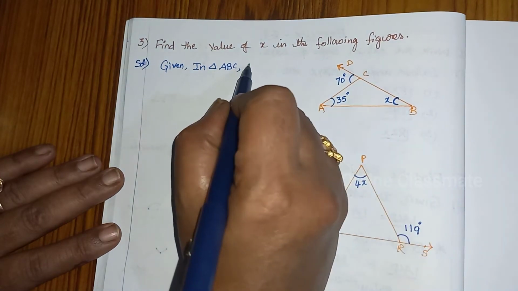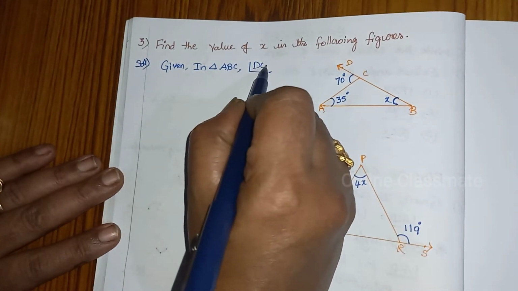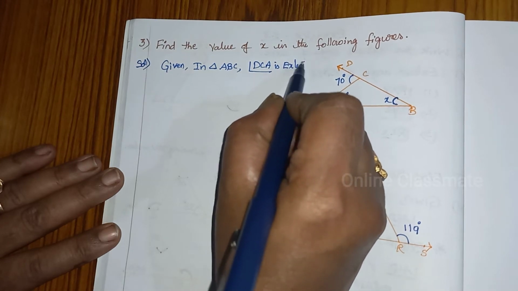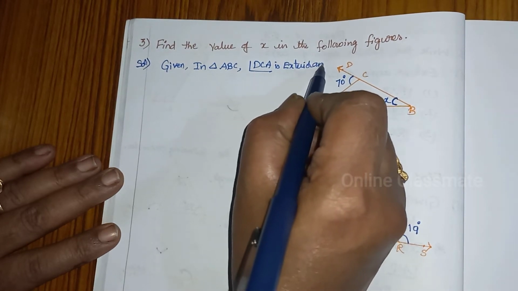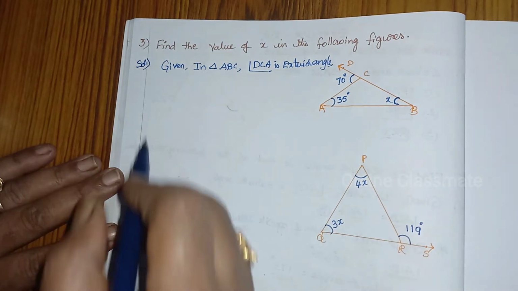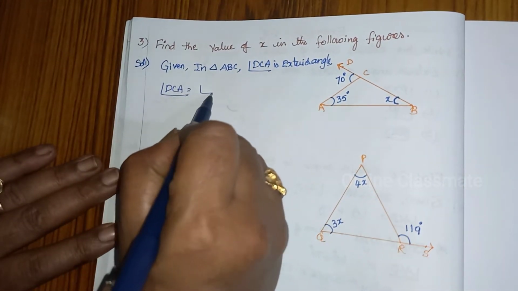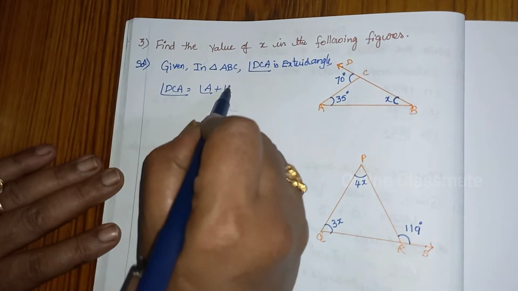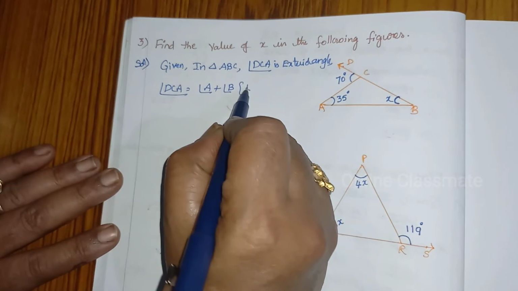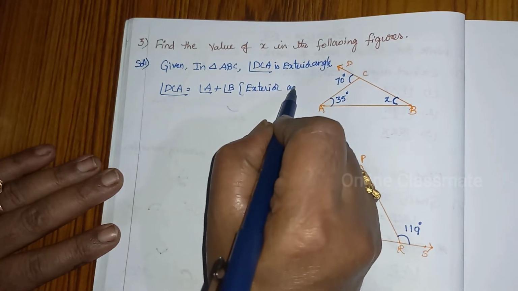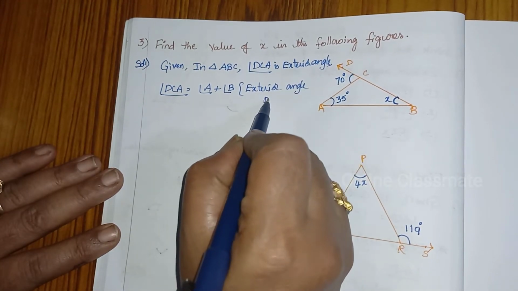Angle DCA is equal to angle A plus angle B. Exterior angle property.